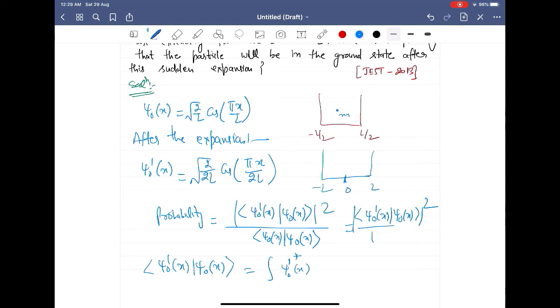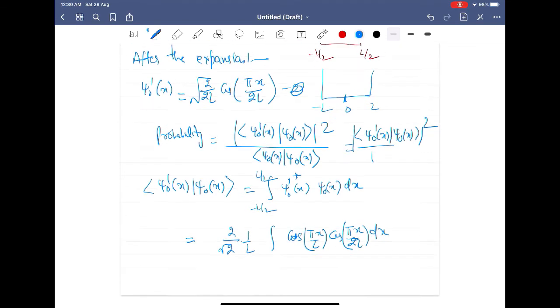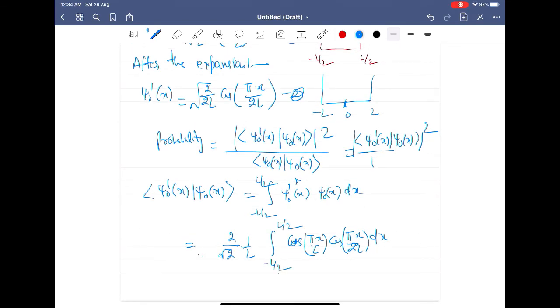In the usual wave function form, I have to take the star of this, and then psi 0 x dx, integrating from minus L by 2 to L by 2, root 2 over L cosine pi x by L into cosine pi x by 2L dx.